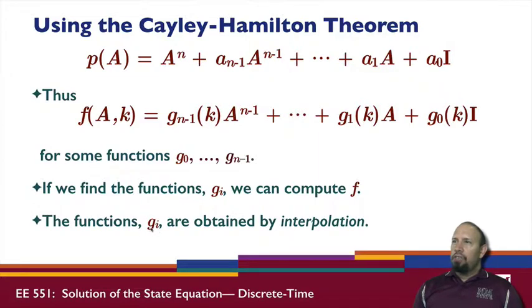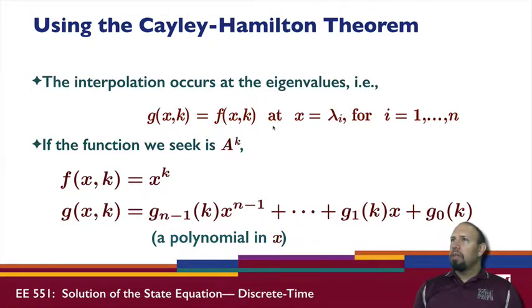Okay, so this is the trick that we use in using Cayley-Hamilton. These functions g0 to g n minus 1 are obtained by interpolation. What exactly does that mean? Interpolation basically means that these two functions are related.